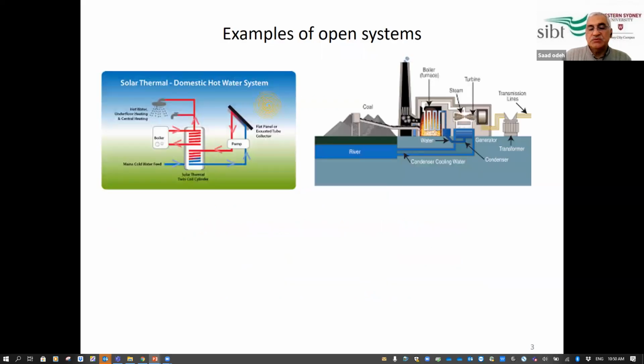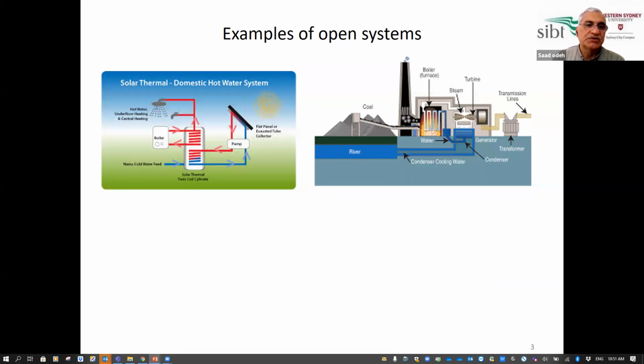But before we start with this, just to give you a brief description of the open system. As I mentioned before, most of our real life systems are open systems, such as the one that you can see here on the left side. This is a system which represents a domestic hot water system.